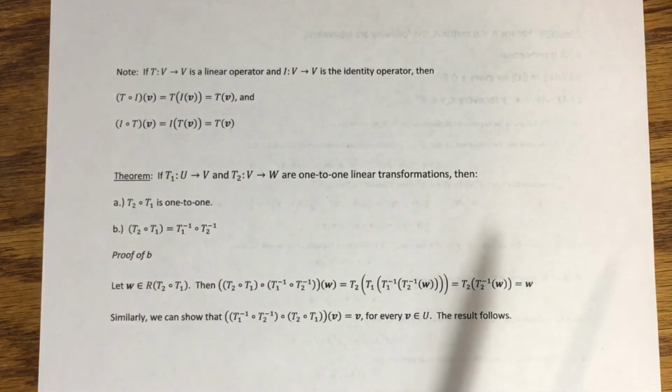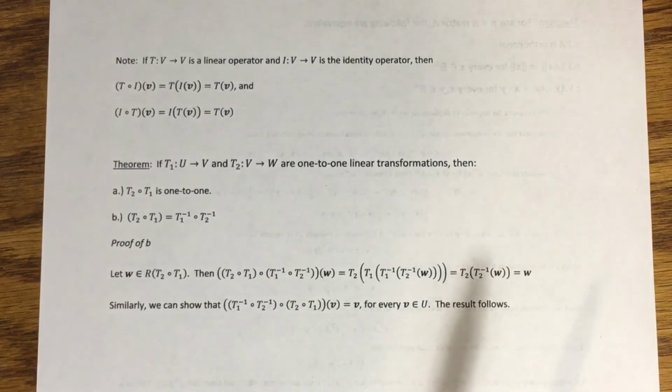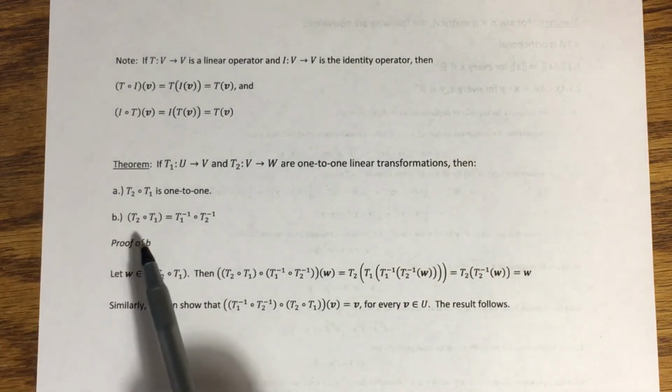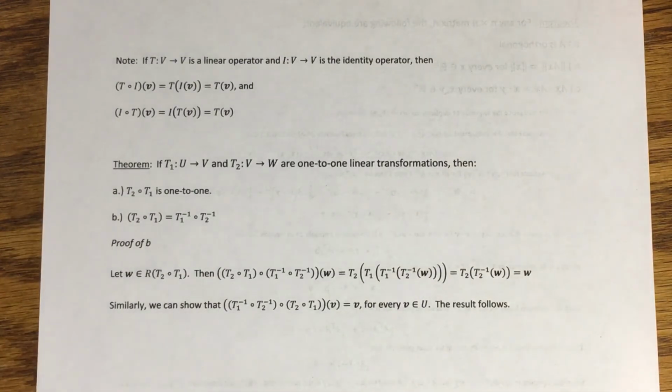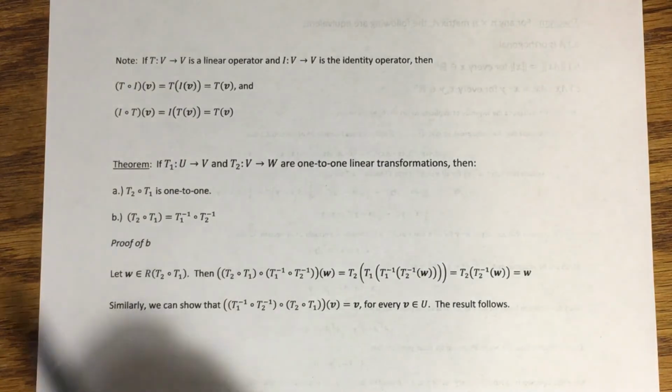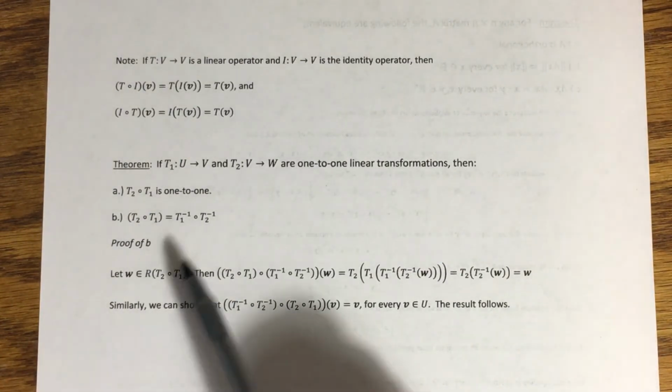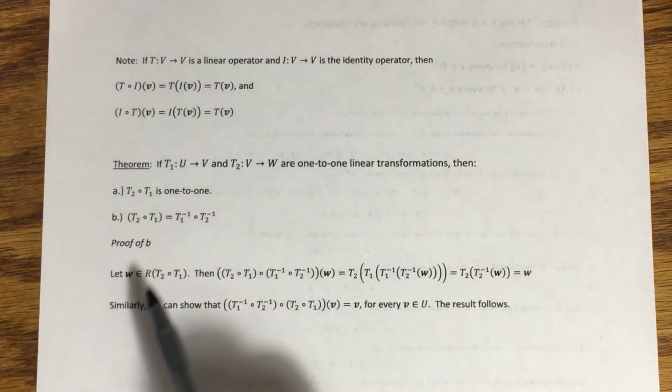All right, we have one last theorem to prove here. Your book proves both of these, A and B. I'm just going to prove B just for the sake of keeping this concise, but the proof of A is not anything complicated or outside the box, really. So you're welcome to look at that in your book.